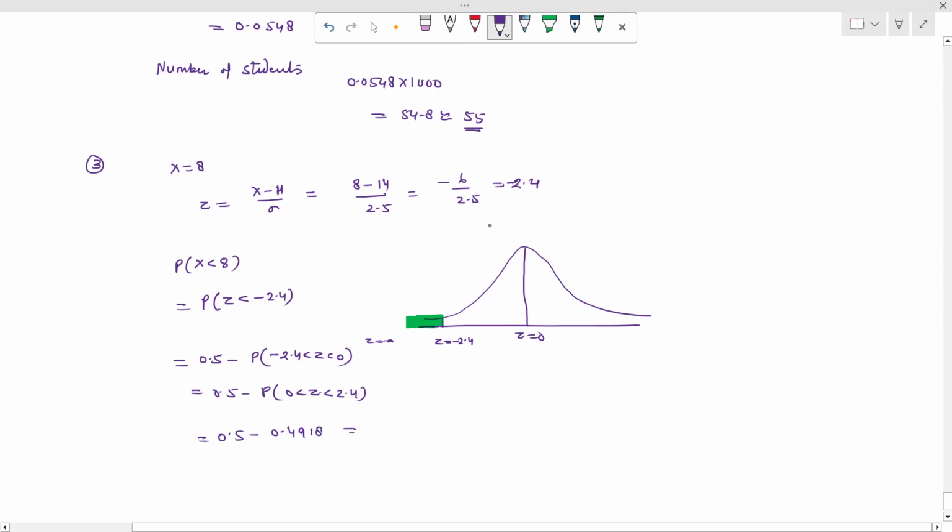So 0.5 minus 0.4918 equals 0.0082. So the number of students is 0.0082 into 1000, approximately 8.2, meaning 8 students whose score is below 8.